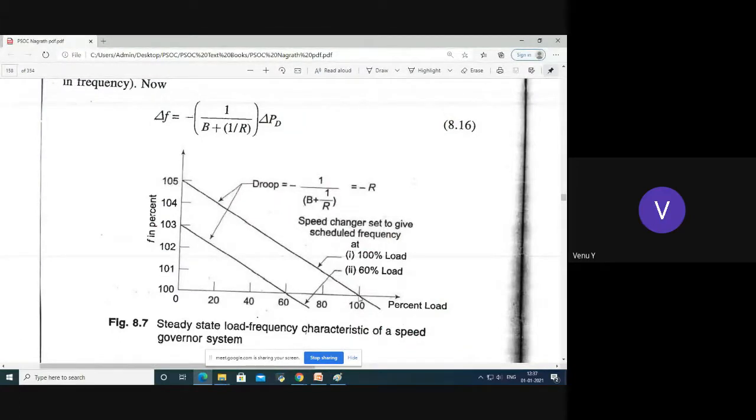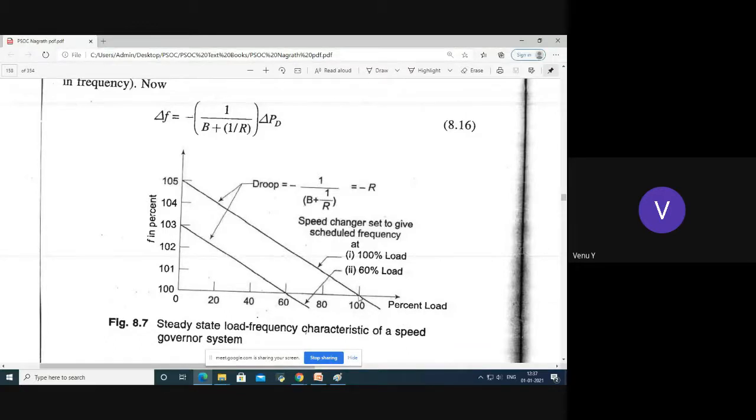At full load you will get the nominal frequency. We will adjust the governor settings, the AGCs, of all individual generators or generating plants.